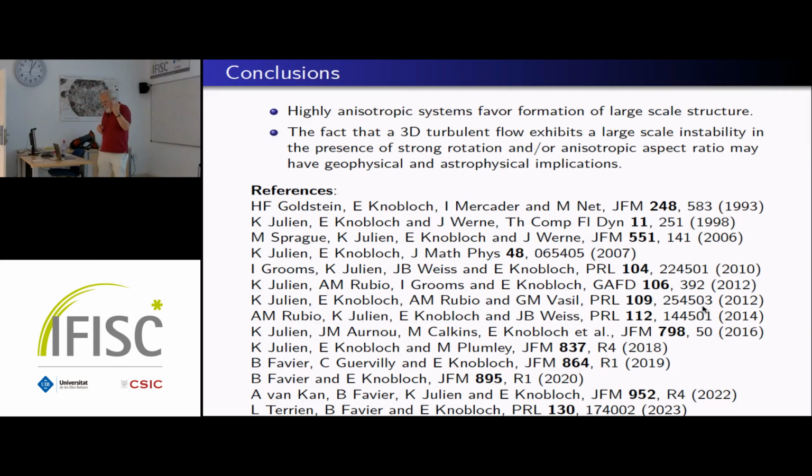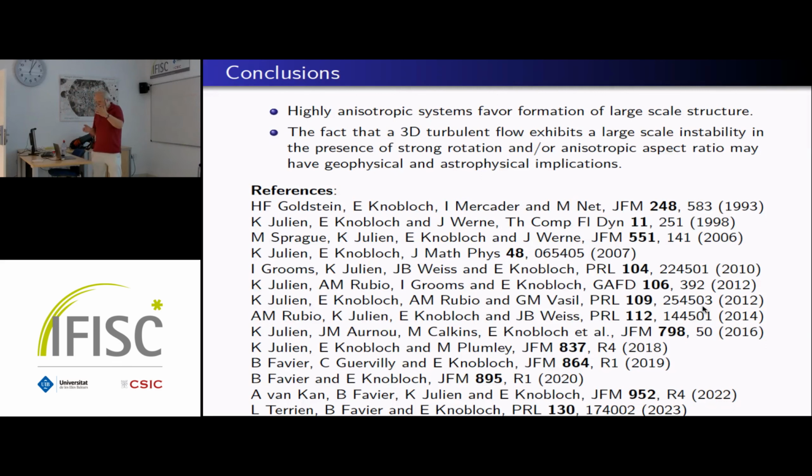In the rotating case, it's the Ekman number. I said that the ratio of the scales is Ekman number to the 1/3, and I need Ekman to the 1/3 to be substantially small compared to 1. So that gives you a range: you give me a viscosity, you give me a length scale, I can tell you what the rotation rate is, for example.